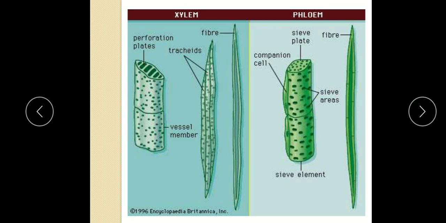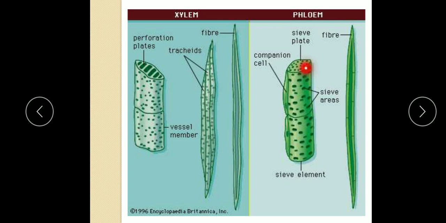Now we will see the phloem tissue. In the phloem tissue I also discussed the sieve plate. So here this is the sieve plate at one end, and here it contains the sieve tubes. At its ends is the sieve plate. The end walls have minute pores.